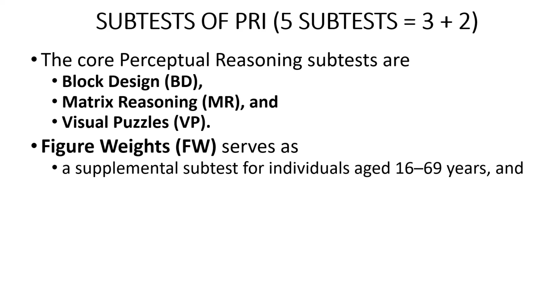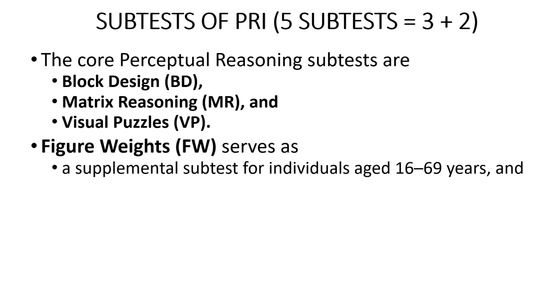Picture completion serves as a supplemental subtest, but remember, this will serve as a supplemental subtest for individuals in the age range of 16 to 69 years. You all know that WAIS-4 is meant for individuals from 16 years to 90 years 11 months.